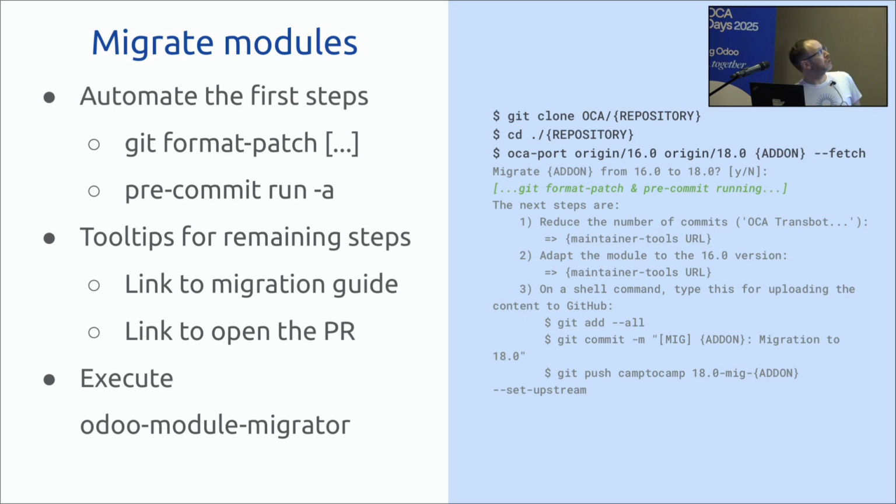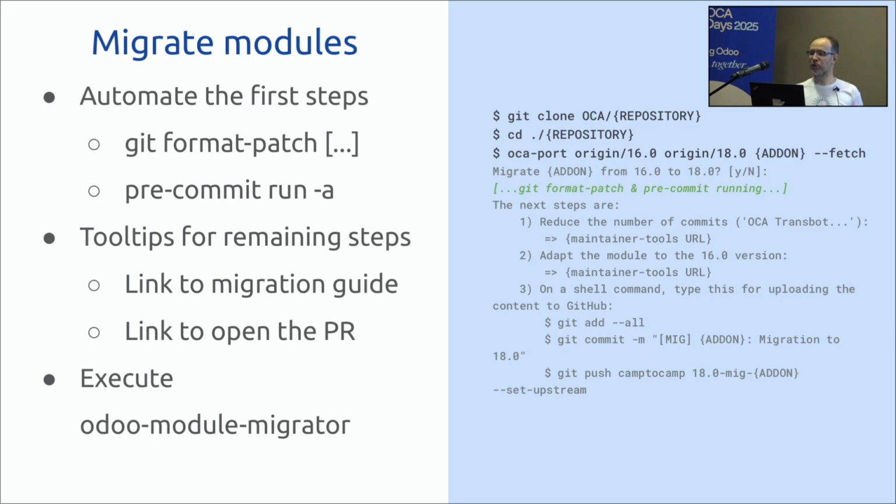So the first feature is to migrate modules. To automate the first steps you will find in the OCA migration guide. So it will play the git format-patch and pre-commit run. And then it will print some tooltips for the developers about the next steps.